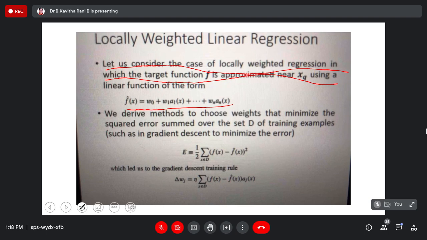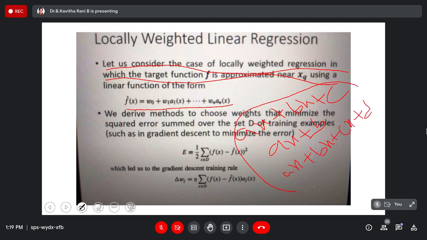So what is a linear function? A linear function will be in the form of ax plus b, or ax plus bx plus c, or ax plus bx plus cx plus d. Likewise, these are all called linear functions, linear equations, without any polynomial terms.